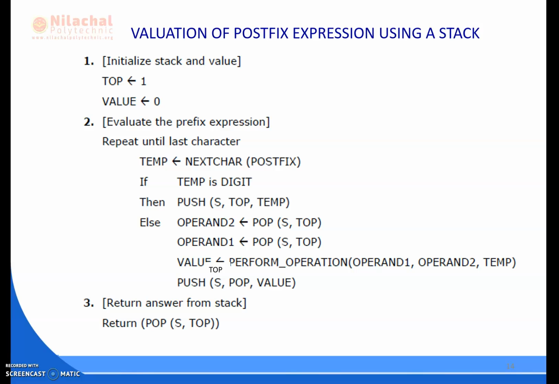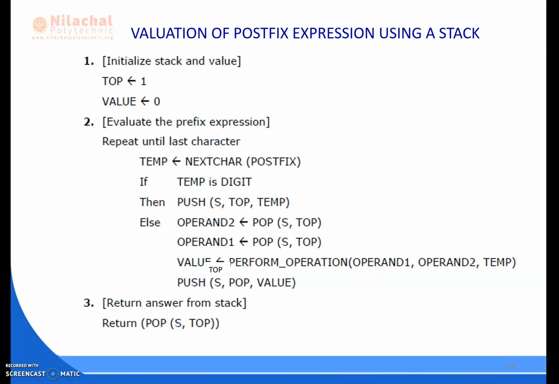So if there is an operand, it is pushed into the stack, and if there is an operator, then two operands are popped from the top of the stack, that operator's operation is performed over operand 1 and operand 2, and the value is pushed into the stack again.